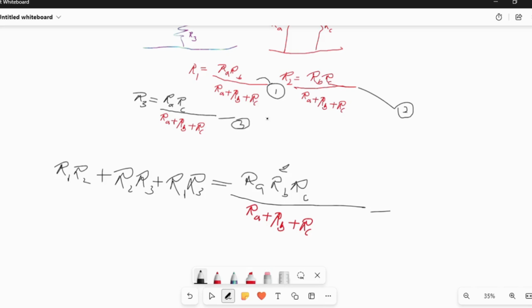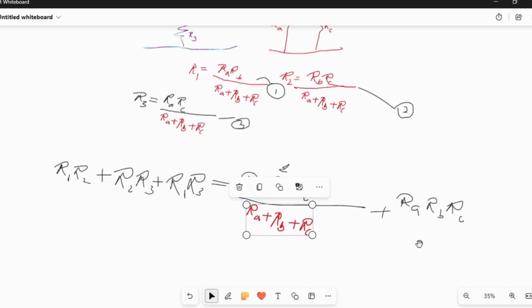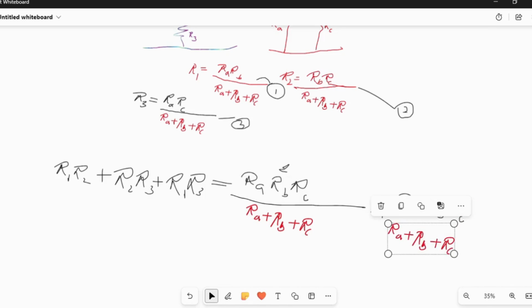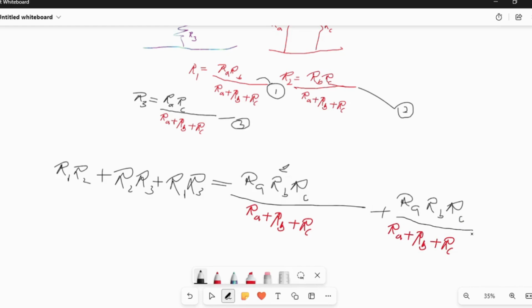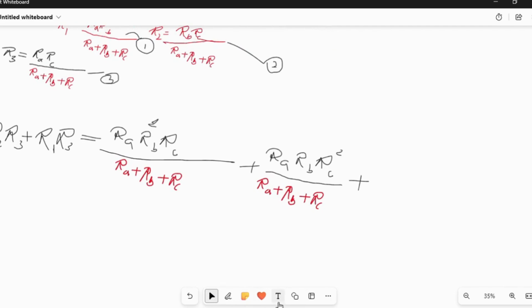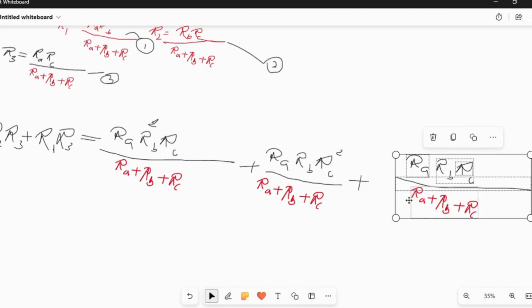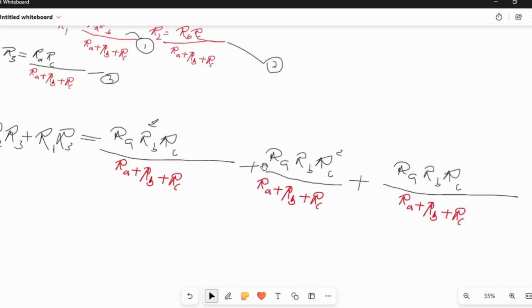That means RA into RC squared into RB, plus, so that is RA RC squared, then plus R1 into R3.